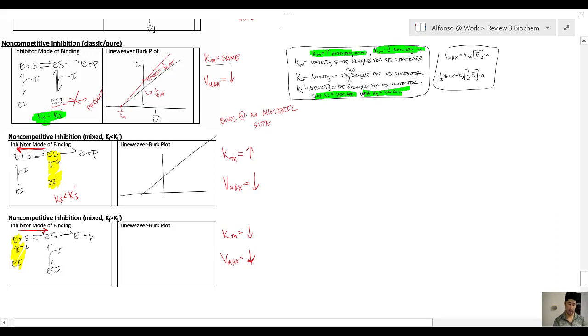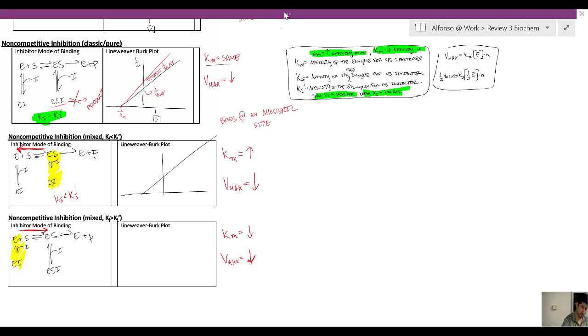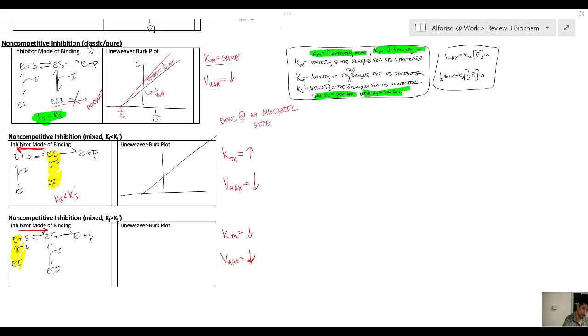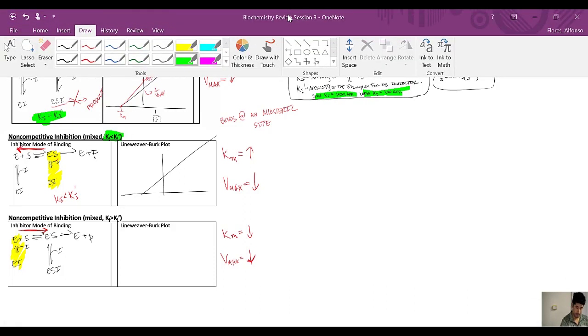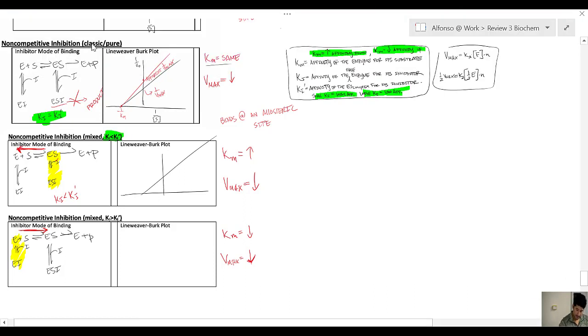All right, so this right here is what the Lineweaver-Burk plot will look like when there is no inhibitor present. And if we were to introduce a non-competitive inhibitor with a Ki less than Ki prime, then this means that Km has increased. So if Km has increased, the inverse has decreased.